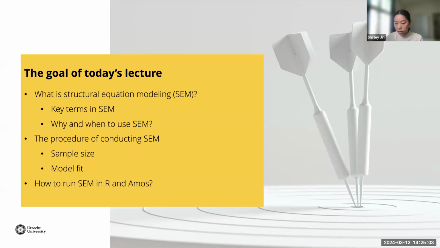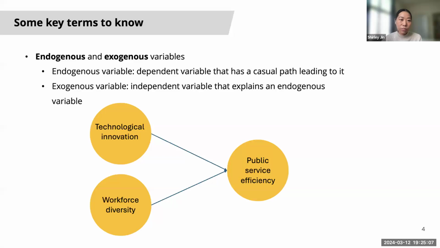So first, some of the key terms you need to know before we dive into SEM: endogenous variable and exogenous variable. An endogenous variable is a dependent variable that has a causal path leading to it. And an exogenous variable is an independent variable that can explain an endogenous variable. We have an example here.